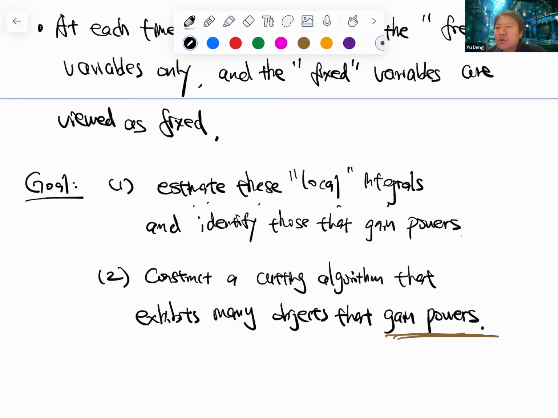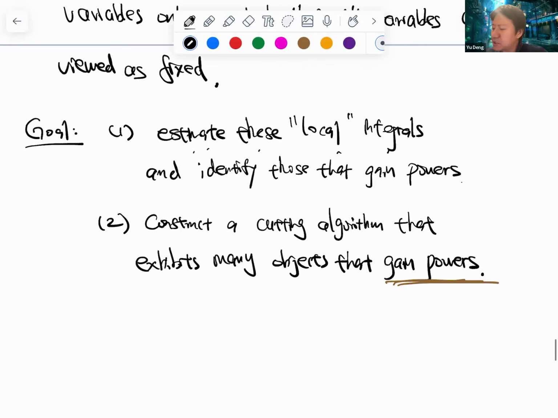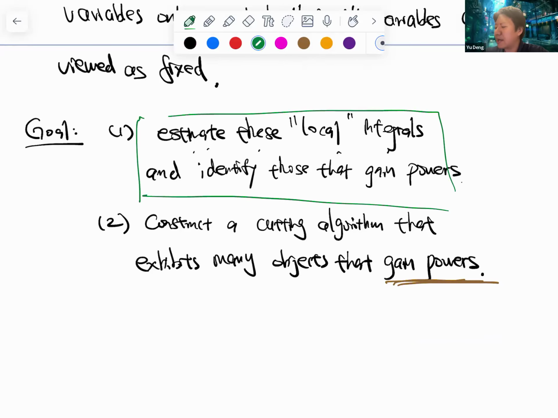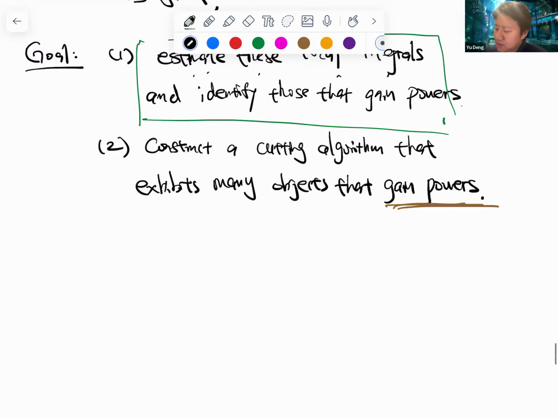Okay, so due to time limit, this first one is just elementary integral calculation, so we'll not talk about that in detail, but I will show you what the so-called good components are and what the so-called normal components are.